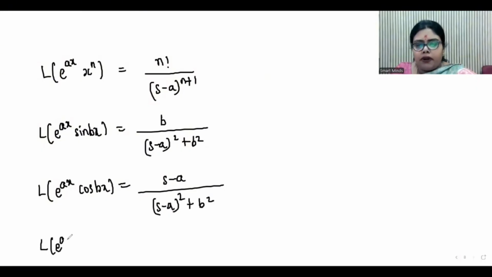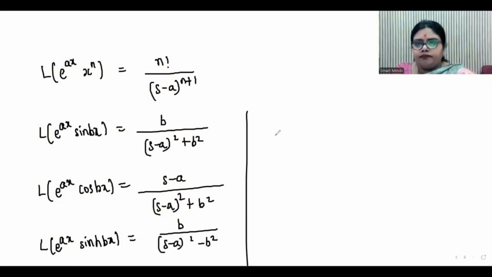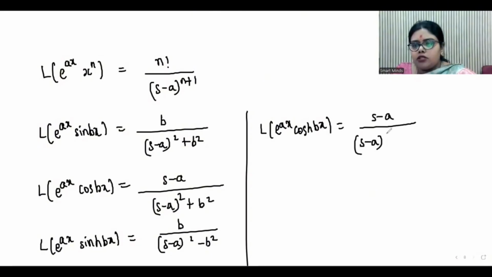L of e power ax sinh bx is equal to b by (s minus a) whole square minus b square. Now L of e power ax cosh bx is equal to (s minus a) by (s minus a) whole square minus b square. These are a few important results we got from the first shifting property.